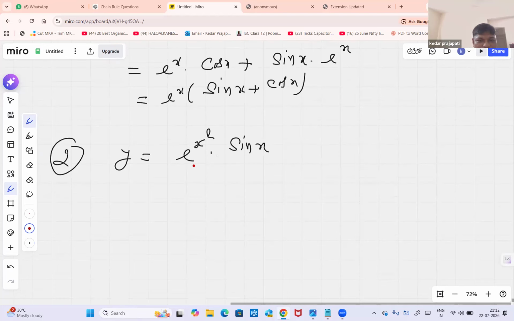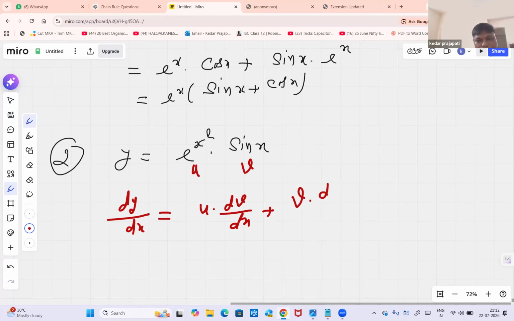This is u, this is v. So what is our formula saying? dy by dx in this case will be u into dv by dx plus v into du by dx.